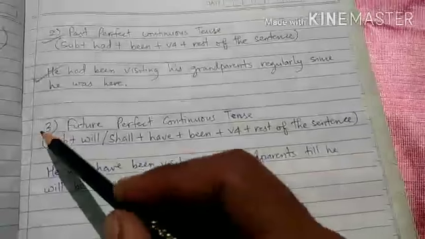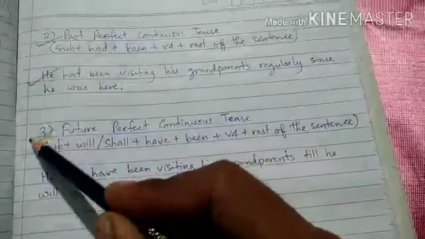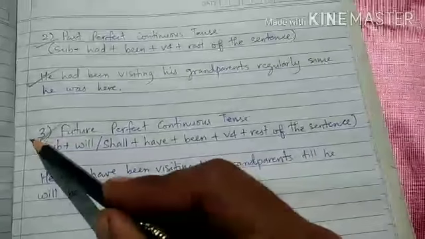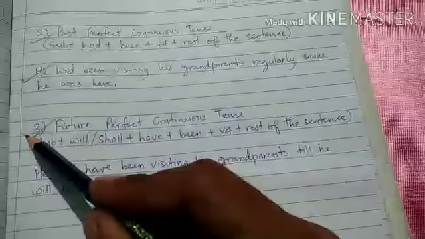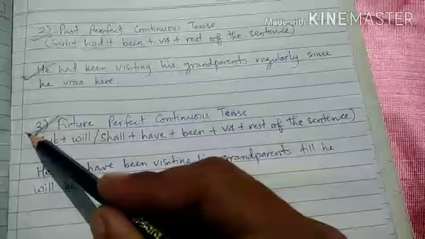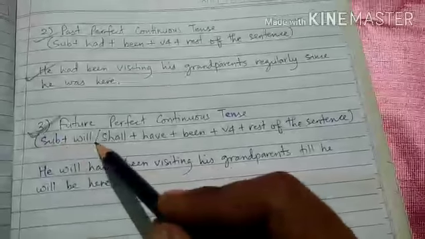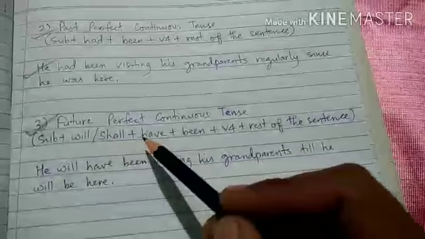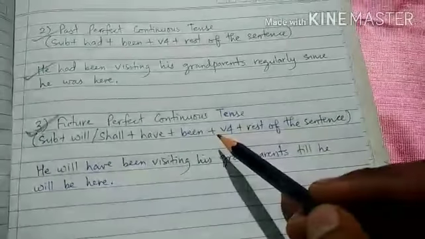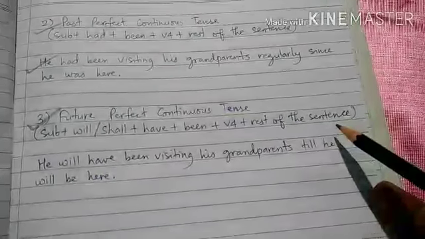Now let us go to future perfect continuous tenses. Future perfect continuous tense: subject plus will or shall plus have plus been plus verb-ing plus rest of the sentence.